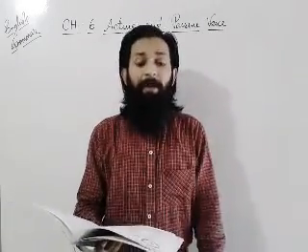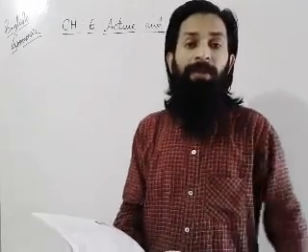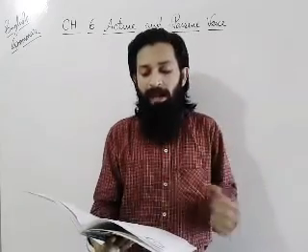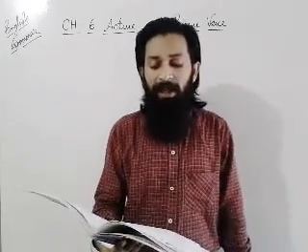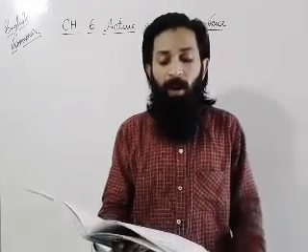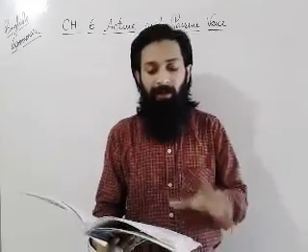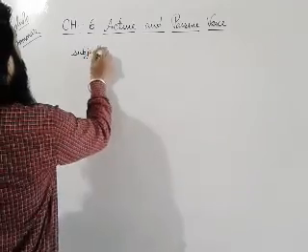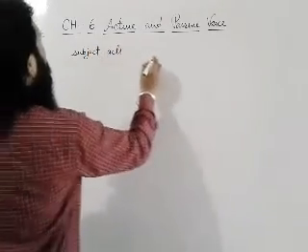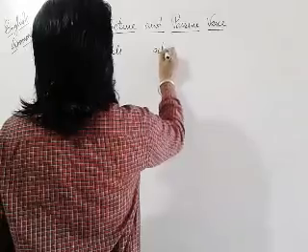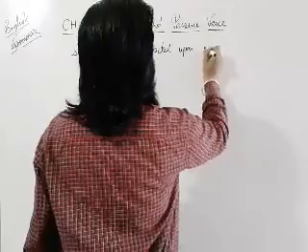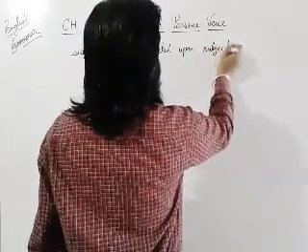Dear students, in grammar, voice is the quality of a verb. Which type of verb is used in any sentence, that's the meaning of active voice and passive voice. And it is the verb that indicates whether its subject acts or is acted upon. Two things are here: subject acts, or acted upon subject.